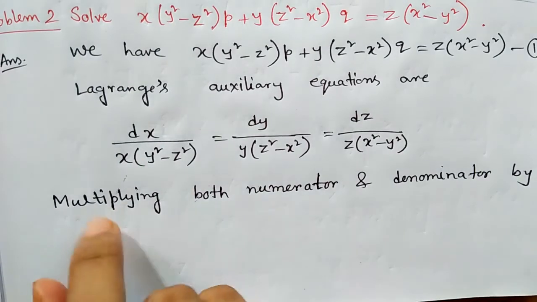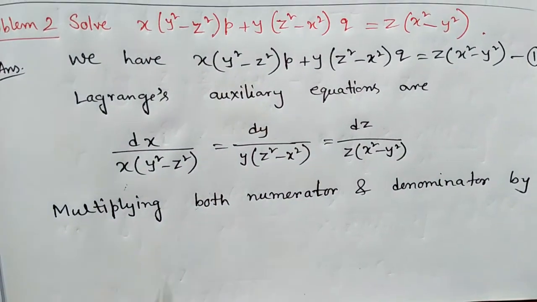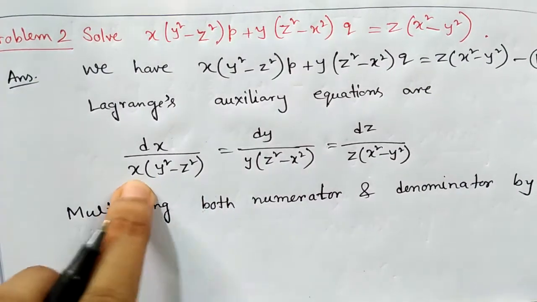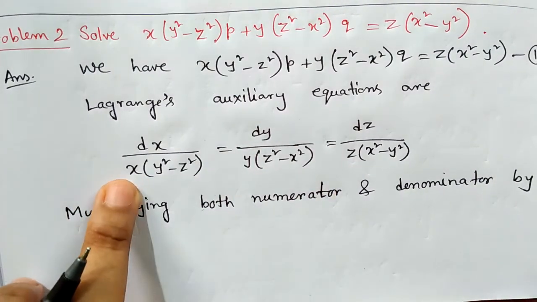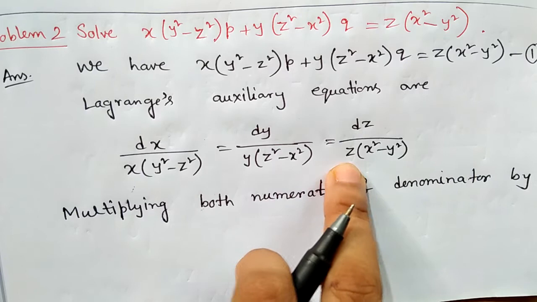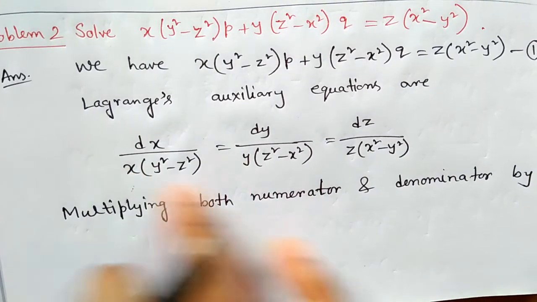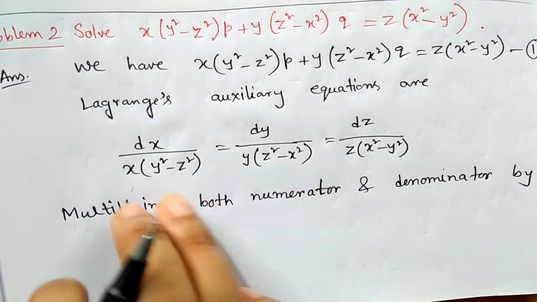Okay, now multiplying both numerator and denominator by the suitable term. So what will be that? See, if we multiply by x, y and z respectively, then it will be x², y², z². Then x²y² plus, and here also minus x²y², cancel out.